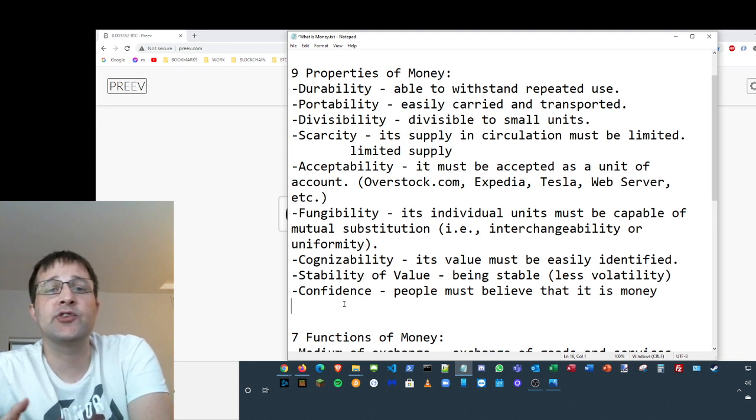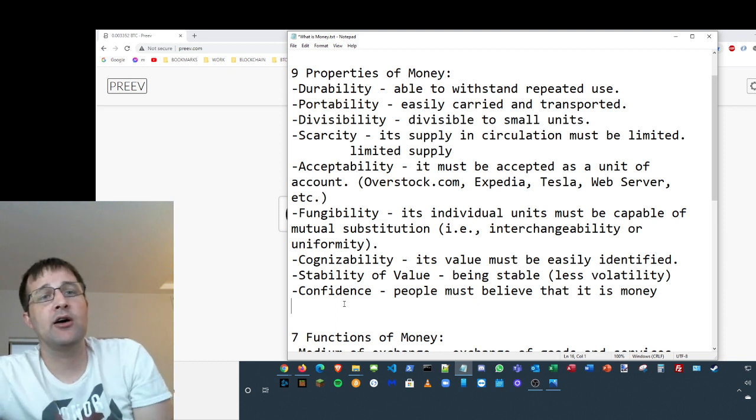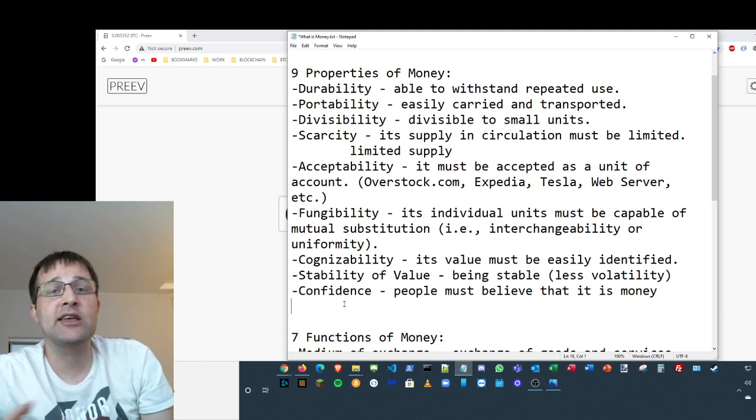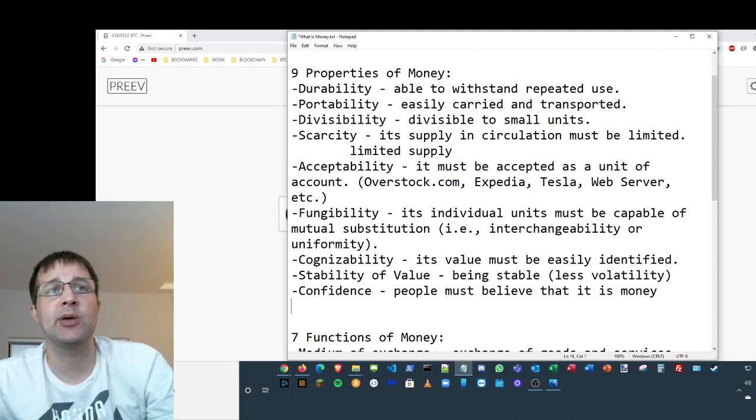When I was first learning about Bitcoin, it's something that I kind of knew a little bit about, but just by learning about Bitcoin, it's opened up my eyes to a lot of things, such as the belief of if a certain currency or money has value. So to me, that's a really important point to make.